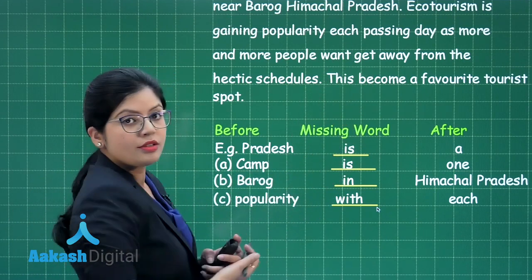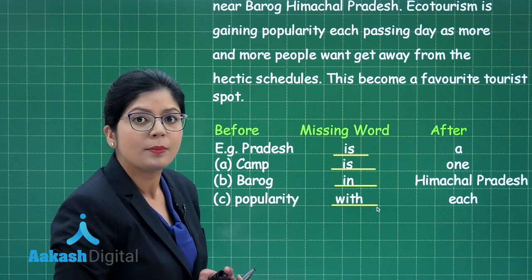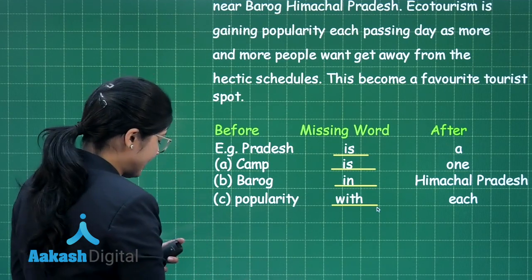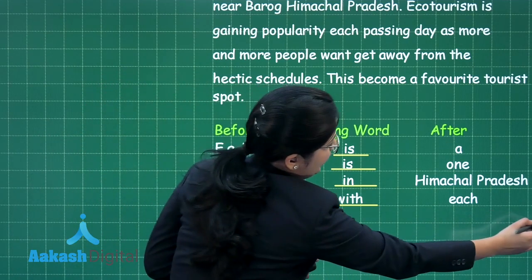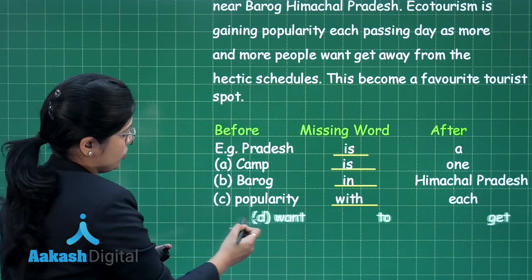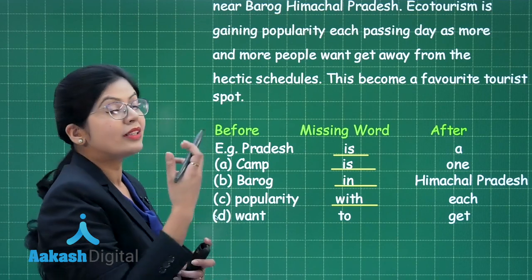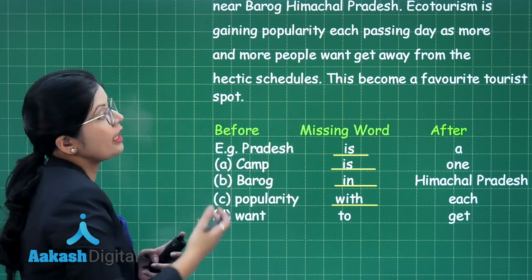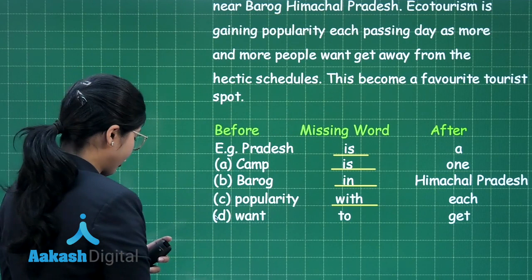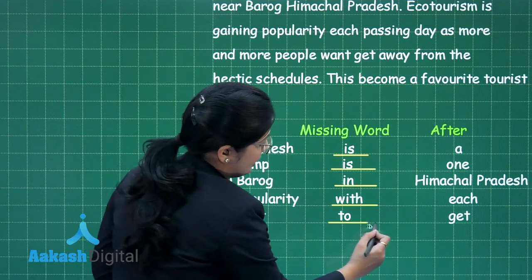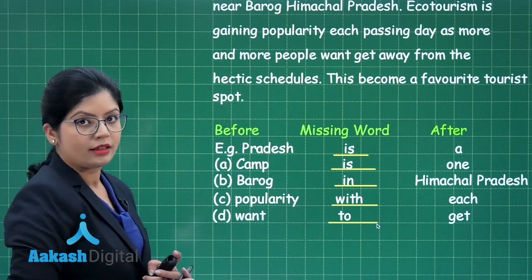The first form is written, but the preposition to is missing, and thus I can easily identify that the correct response to this omission should be people want to get away from the hectic schedules. Therefore, I can easily write to as my correct answer.